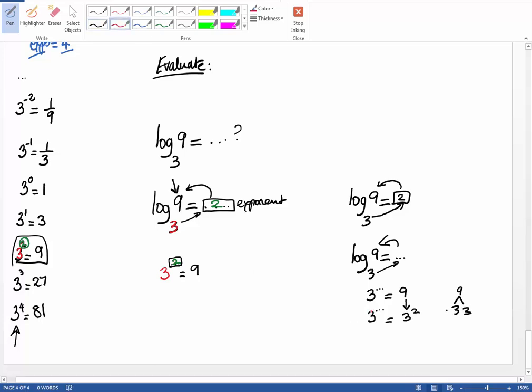Now since the base is the same on both sides, they are both base 3, then this is telling you that the exponent you're looking for, those dots, which are the answer to the question, should just be 2, the power you had to put on the right hand side. So your answer is 2. So that's how you deal with those kinds of questions. I'll put another question up.